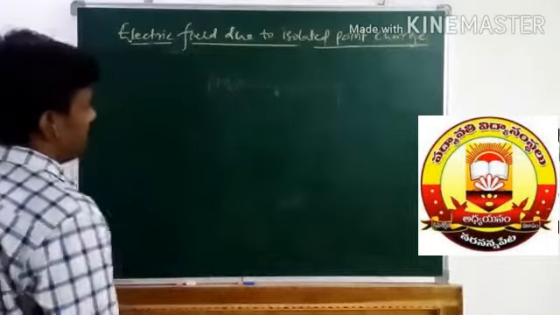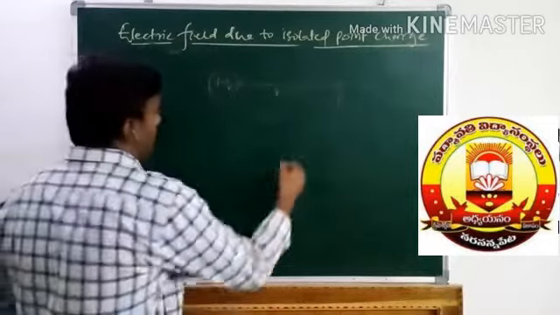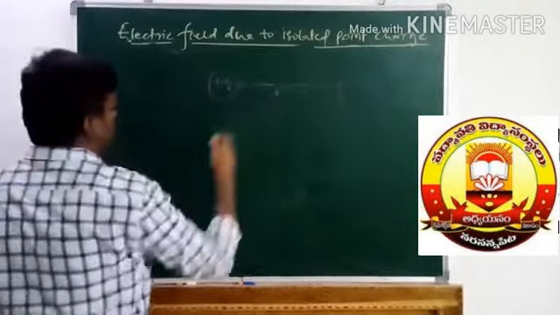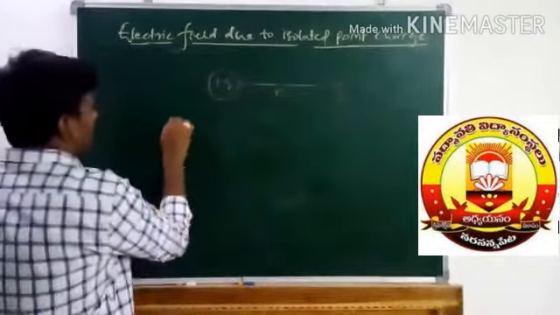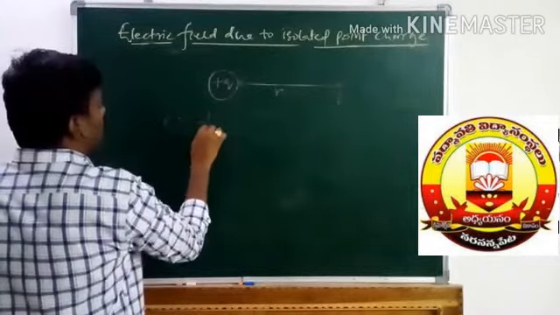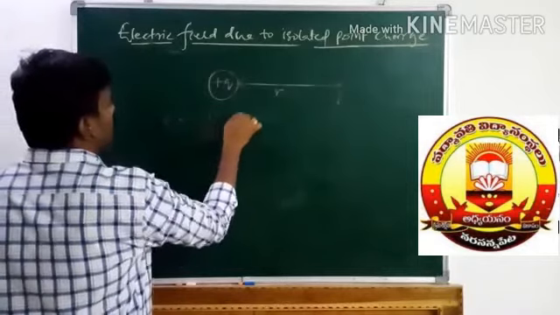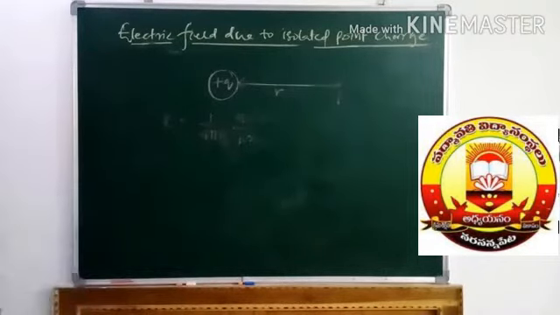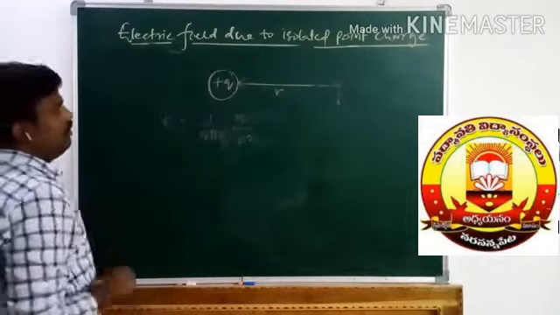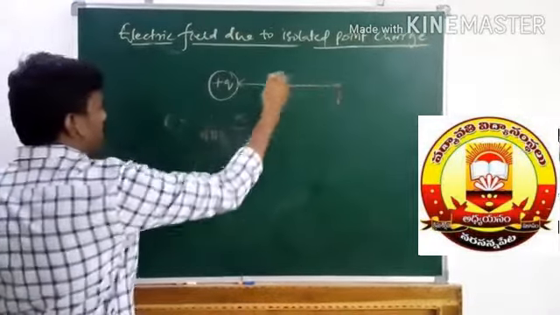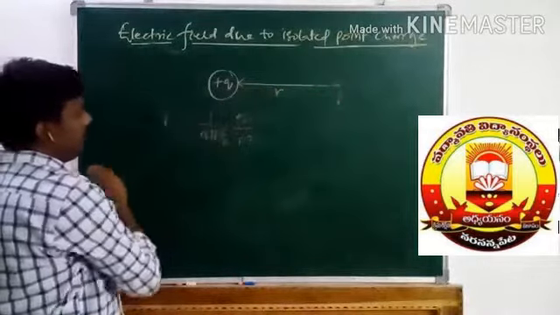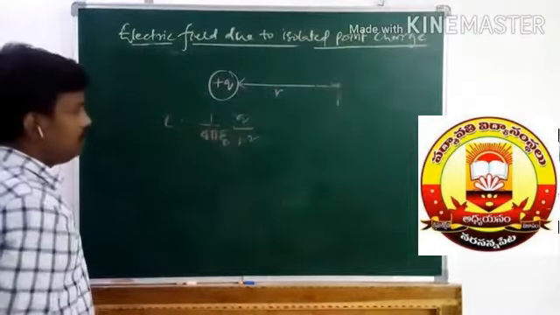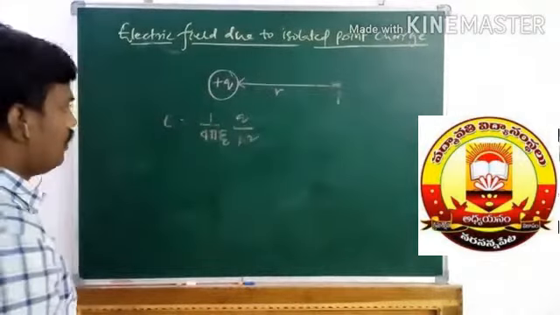Just now we have taken the formula for electric field intensity at point P at distance r, as E equals 1 by 4 pi epsilon naught Q by r square.